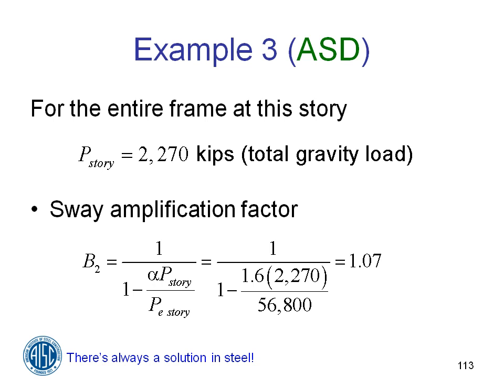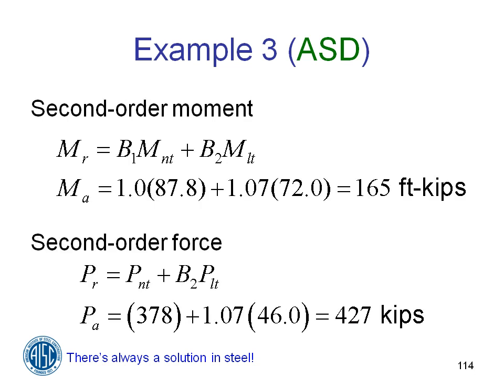The entire load on the story was 2,270 kips, so our B2 comes out to be 1 over 1 minus 1.6, because we're dealing with ASD, times that 2,270 over 56,800, and we get a B2 of 1.07. So we amplify our moments.